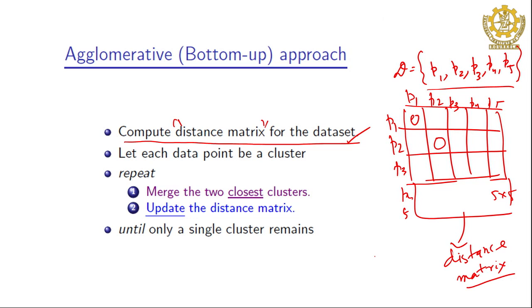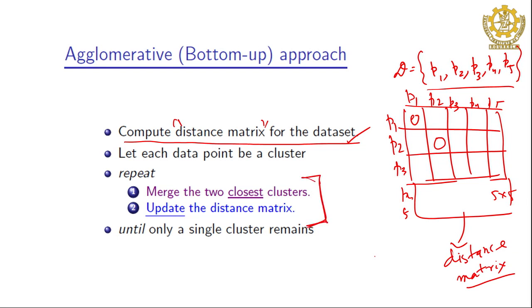So, the first step is done: compute the distance matrix for the data set. Now, let each data point be a cluster, because we are considering the agglomerative approach. Each data point is considered as a singleton cluster. So, if there are n points in the data, then at the first step you will have n clusters. Now, this is important.